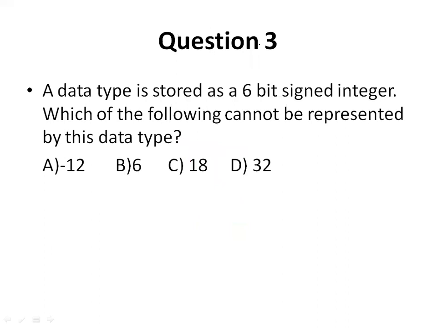Next, a data type is stored as a 6-bit signed integer. Which of the following cannot be represented by this data type? A is -12, B is 6, C is 18, D is 32. So which is the correct option?